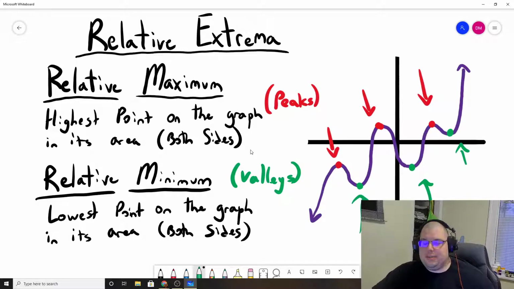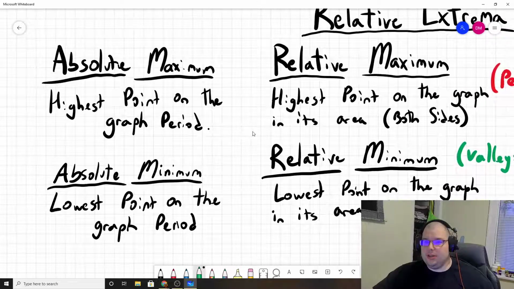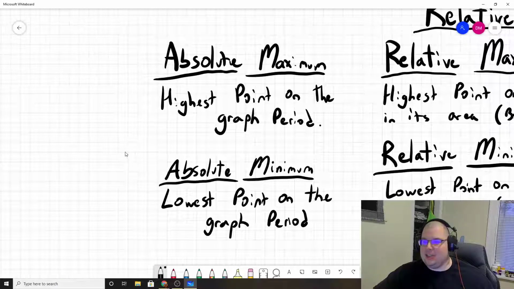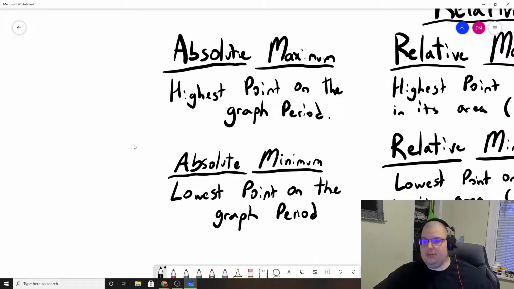Now that we've talked about relative maximums and minimums, we've got to talk about absolute maximums and minimums. So an absolute maximum is the highest point on the graph, period. That means no matter what, that is the highest point possible. And then the other type of absolute would be the absolute minimum.